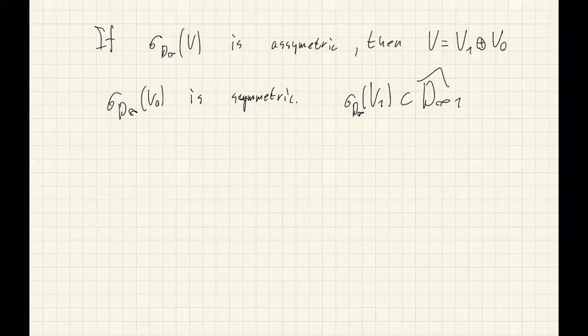So this theorem has as a corollary the fact that if the spectrum is asymmetric, so if it has only one character from the pair, only one double point, then we can decompose V into a sum of subrepresentations V0 and V1.